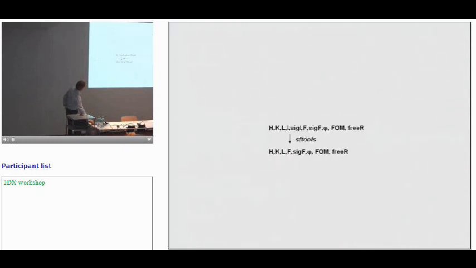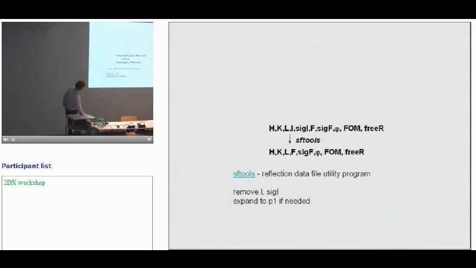Then there is a program SFTools, which I mention here because it's quite useful for manipulating MTZ files. So you can, for instance, remove the intensities if you have converted from intensities to amplitudes. You can do this in one step, but just to illustrate the things that can be done with SFTools.